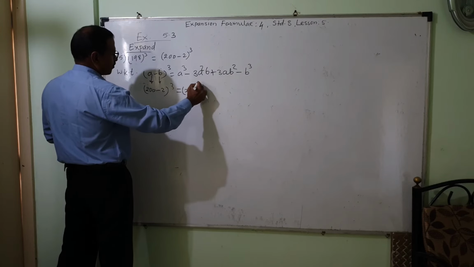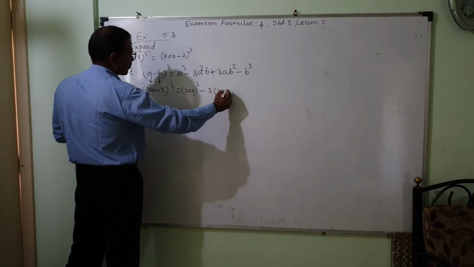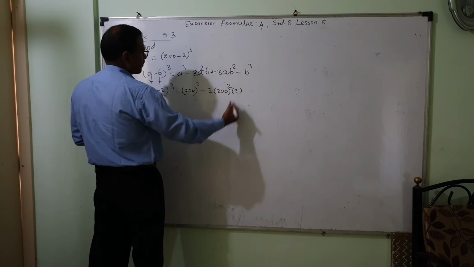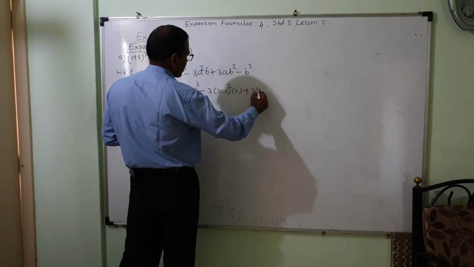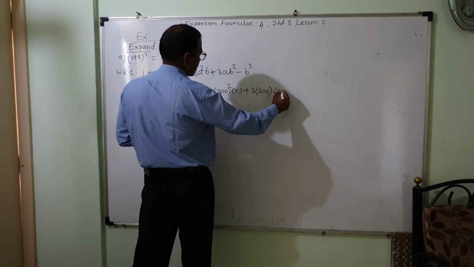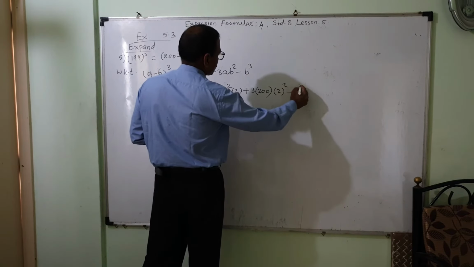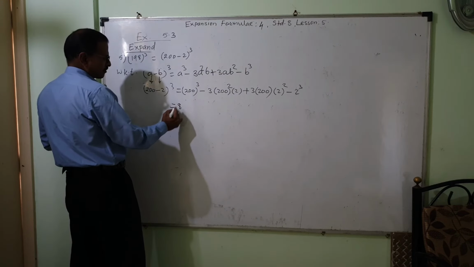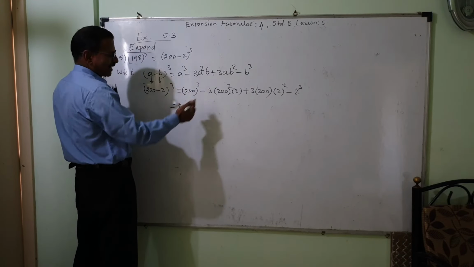200³ minus 3a², means 200², into b, b means 2, plus 3a, a is 200, into b², b means 2², minus b³, means minus 2³. That is equal to 2³ is 8, and these two zeros will be 3 times.